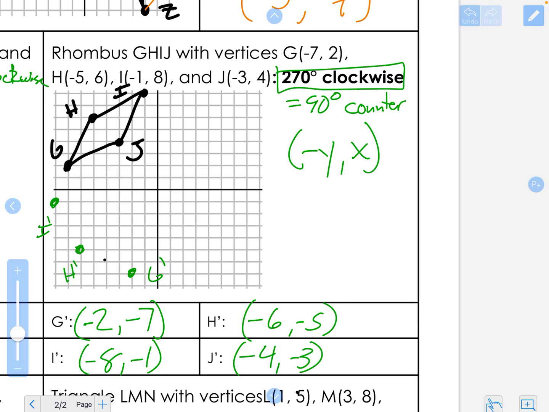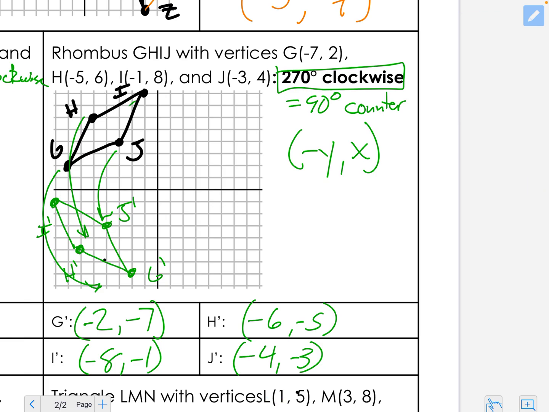That's H prime, and then J prime. So if we connect our dots, so again, J's 90, G's 90, H is 90, and then finally I is 90.